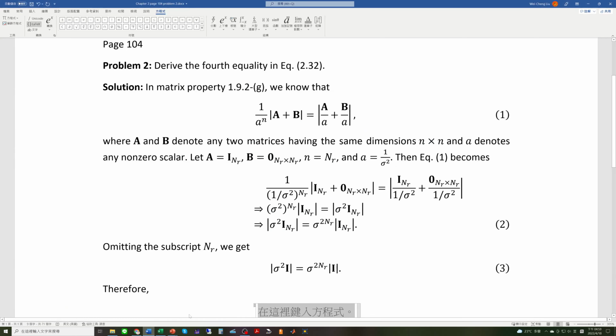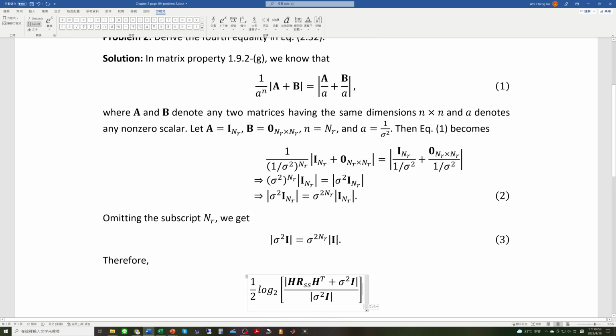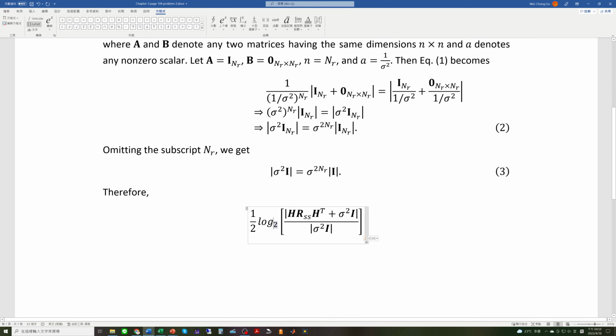We can copy here: 1 over 2 log of the determinant of H times R_SS times H transpose plus sigma squared times I, over the determinant of sigma squared times I.